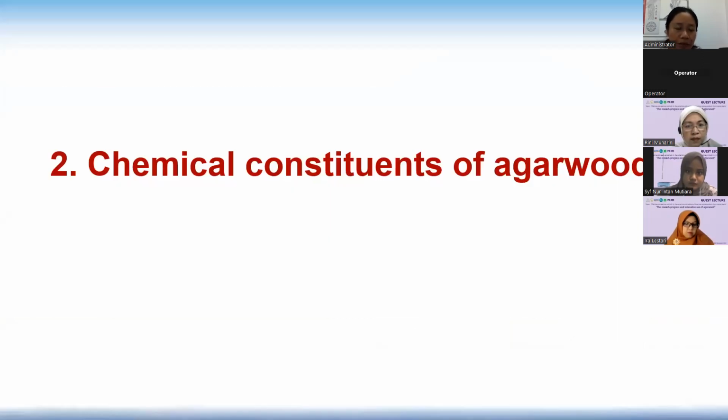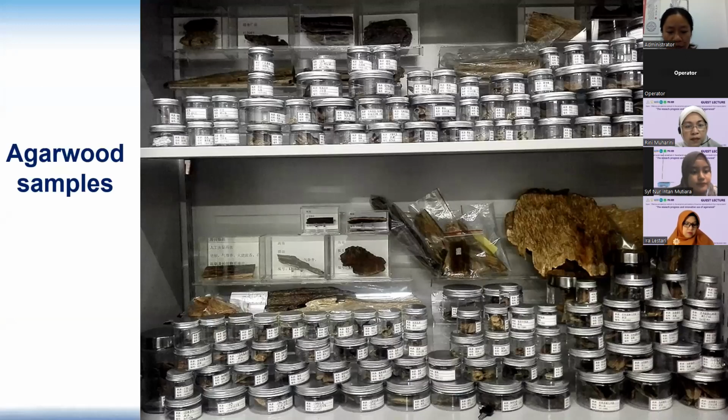So we come to the second part of the topic, the chemical composition of Agarwood. Firstly, we collected Agarwood samples from worldwide. Until now, we have collected more than 100. Here are the samples.